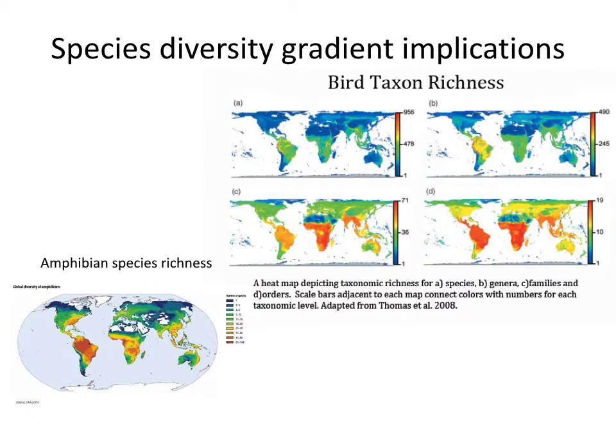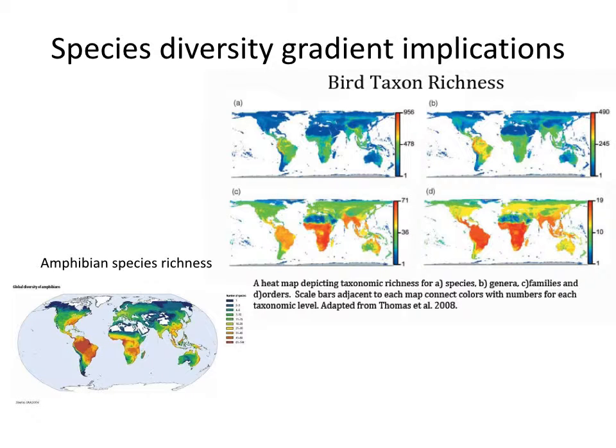So, for instance, above on the right you see bird taxon richness, and essentially there's species richness, genus richness, or richness of the genera, families, and orders, and within each of those categories, the species gradient essentially holds. It doesn't look exactly the same, but essentially the further away you get from the equator, the lower the species diversity is. Now there are some big landscape impacts on that, as you can already see from that.